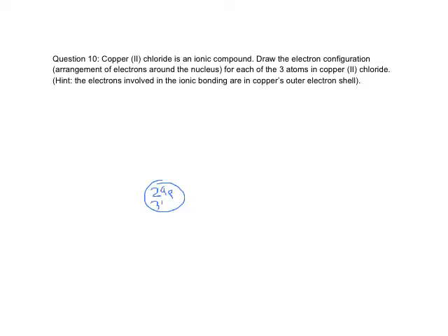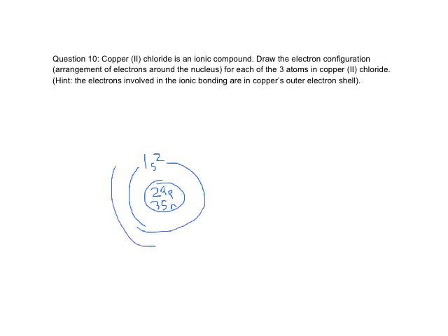and 35 neutrons. Rather than draw electrons individually, I'm now going to just draw them in terms of what you'd see in a shell. So in the first shell, I've got my 2 s electrons, so I'm going to write 1s2.